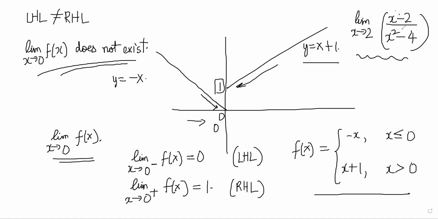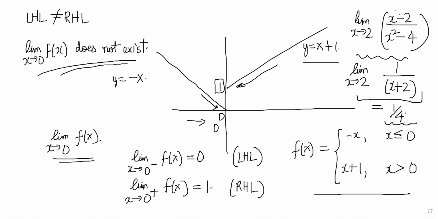You cannot put 2 directly in it because it will become 0 by 0, right? However, if you cancel one factor, you can see that x minus 2 is a factor, so it can be written as 1 by x plus 2, right? In that case, now we can put the 2 value, right? Yes, sir. The limit is actually 1 by 4. So after cancellation of a factor, you are able to calculate the limit, right? Yes. So that is one technique.